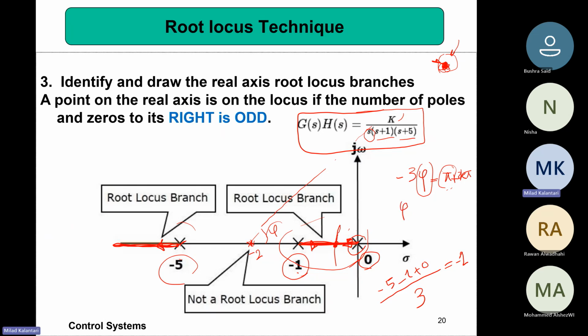And then phi can easily be calculated as negative pi over 3 plus 2 over 3 k pi. And based on the k, it has three or more.